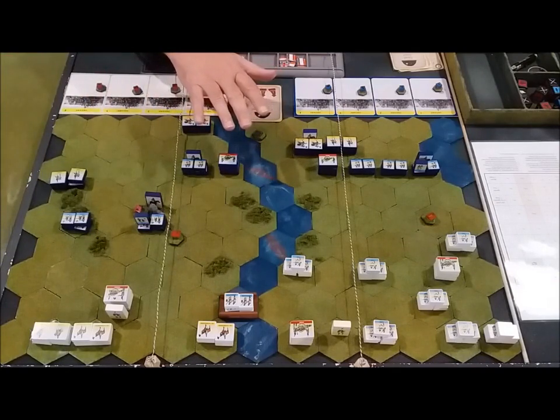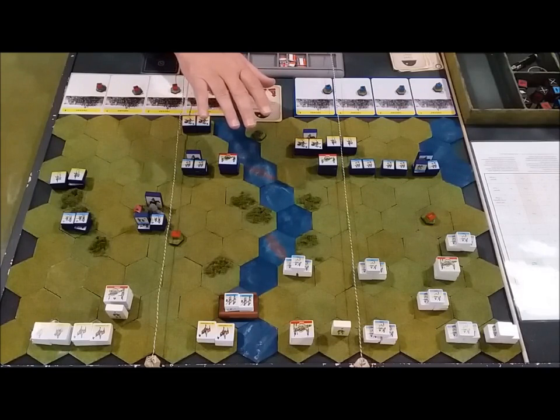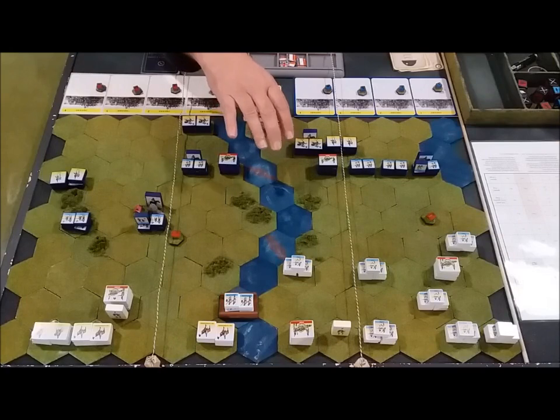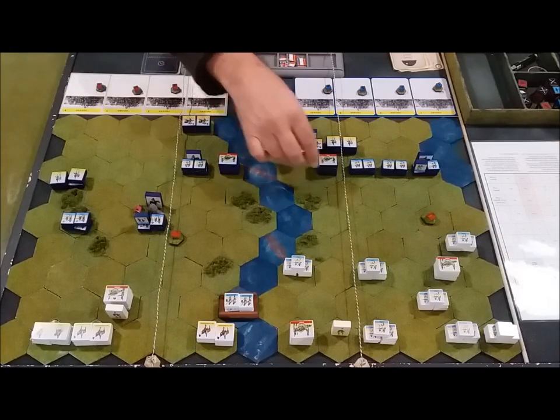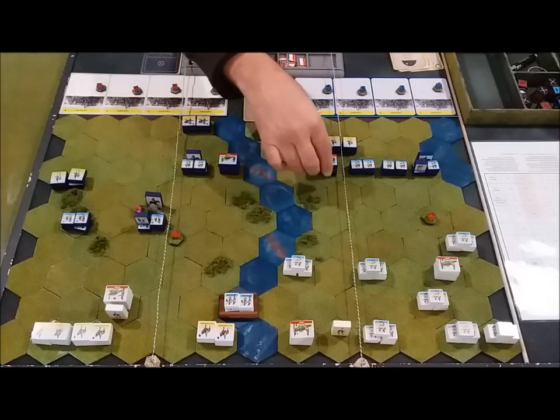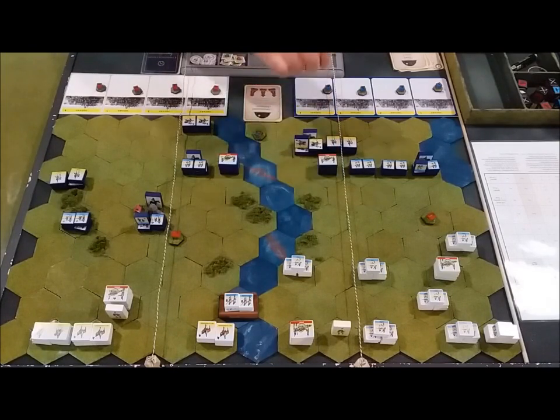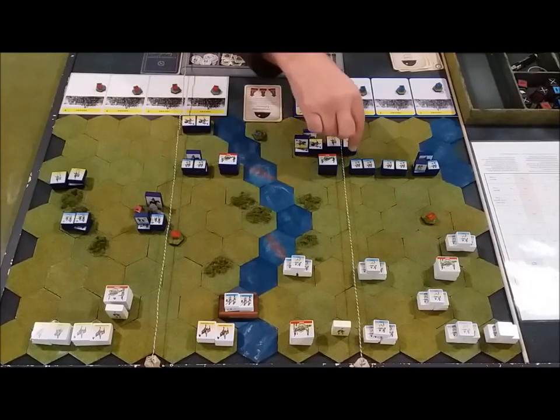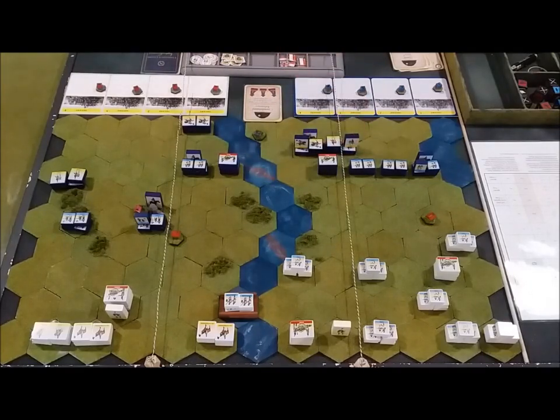and then I'm going to move this, can't do that. Two in the centre will be the heavy cav and the, not a real good idea. And this light cav.